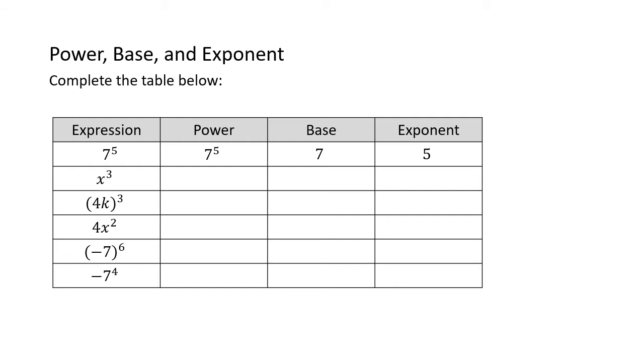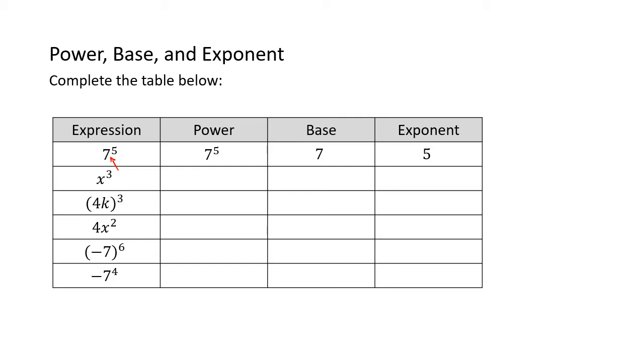So I'm just going to give you some examples. This is just to reinforce the power, base, and exponent principle. In this case, the first example just kind of lays down how to do it. The expression 7 to the exponent 5, the overall power is the combination of all those terms, so it's 7 to the exponent 5. The base is the number that's being multiplied, in this case 7.